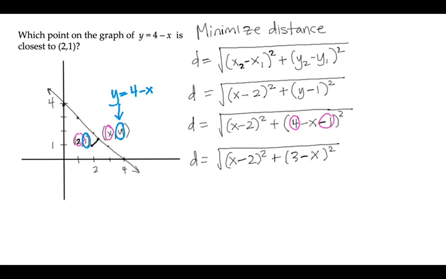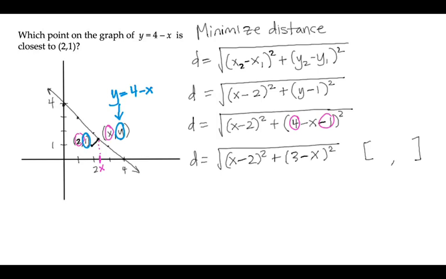But first, now that we've got this down to one variable, we need to pick our reasonable interval for the variable. Okay, so our only variable in our distance formula now is x. Remember x is the x-coordinate of this point that I've got circled in pink. It's going to be somewhere here.